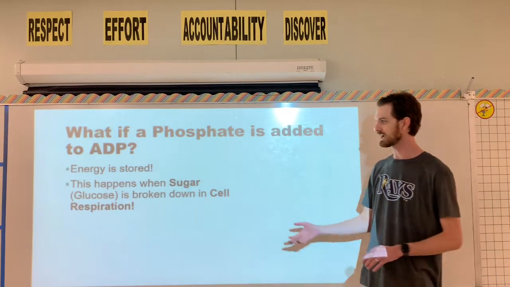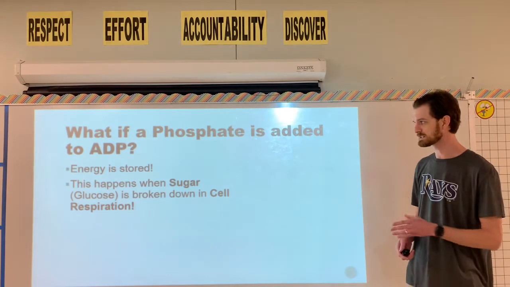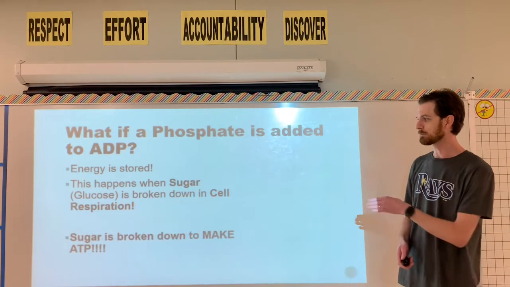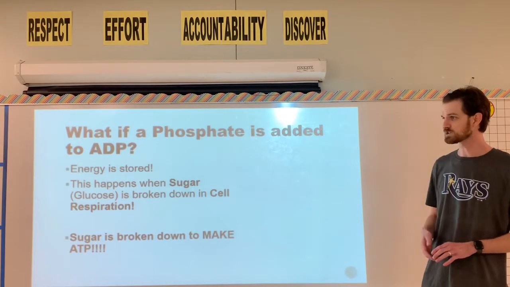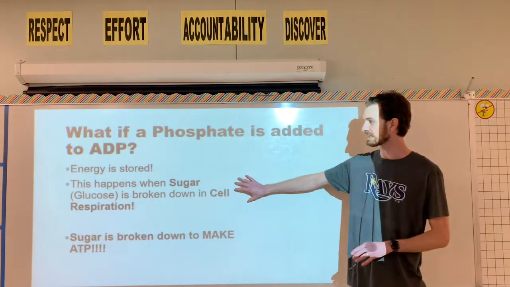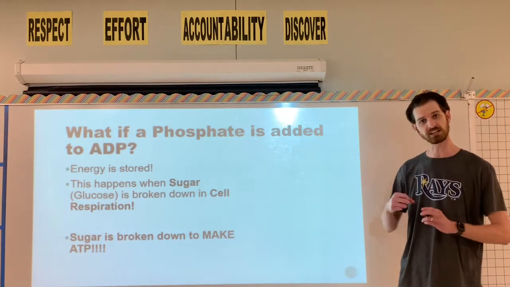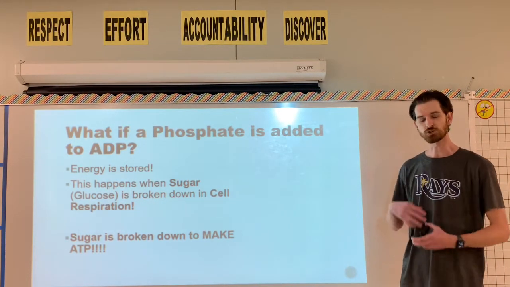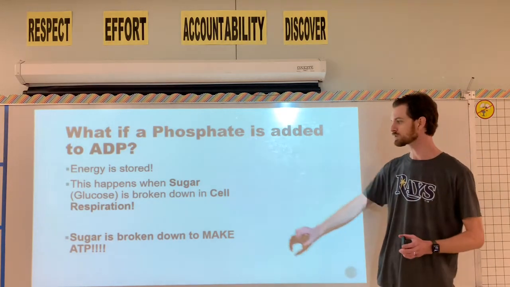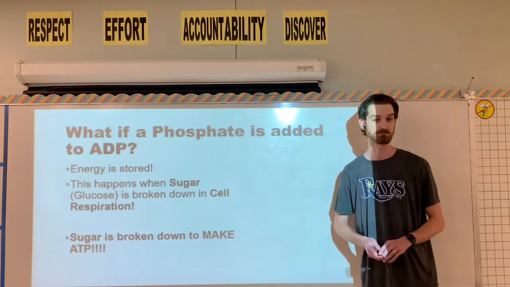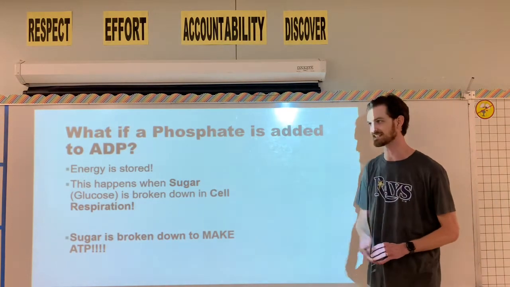So in this case, I add on a phosphate group onto ADP, I create ATP that I can then later use within the cell. Now how this is done is the cell will take in the glucose that it has within the mitochondria, and the process of breaking all those chemical bonds uses that energy that it's getting from breaking the glucose apart in order to add phosphate groups onto ADP and store up the energy that's more usable within the cell as ATP.